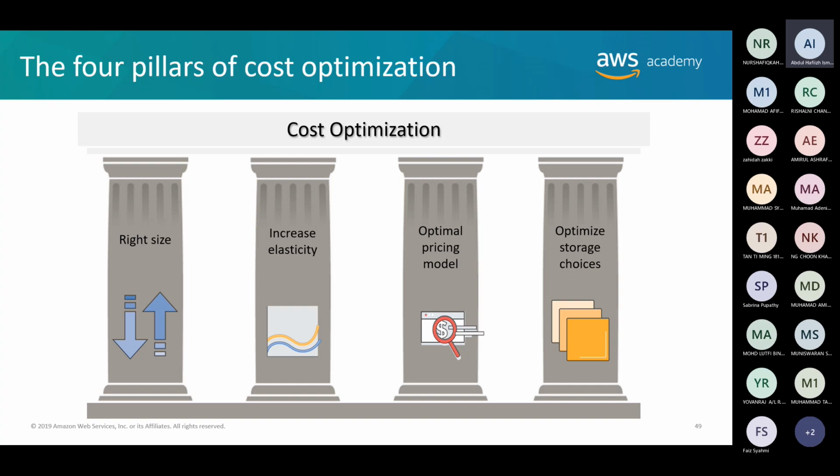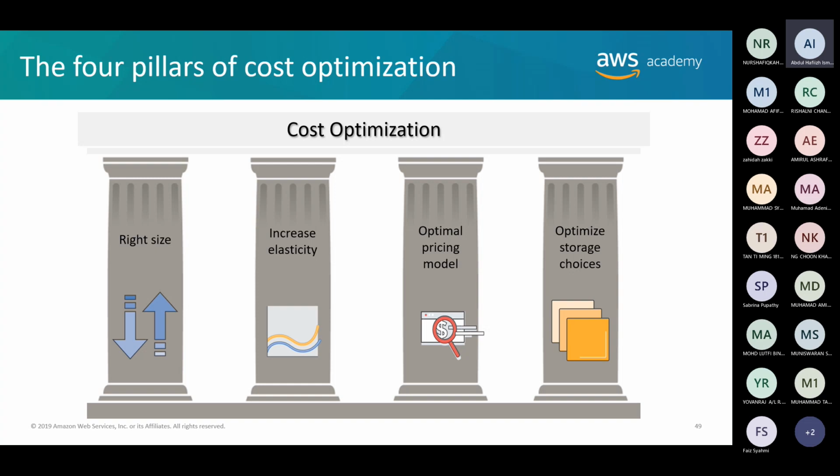So to optimize cost, you must consider 4 consistent powerful driver, right size, choose the right balance of instance type, increase elasticity, design your deployment to reduce the amount of stable capacity that is idle. Kalau idle, decrease. Kalau active, increase. Lepas tu tengok pada optimal pricing model, recognize the available pricing option. Tengok yang mana yang paling murah dan paling the best untuk kita lah.